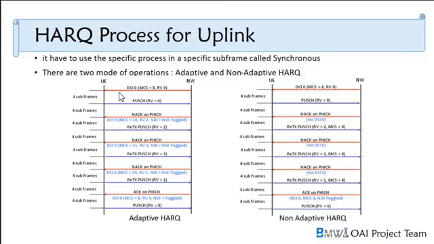So the UE will transmit at that part. It means that adaptive HARQ will use a different resource allocation, but the non-adaptive will use the same resource allocation. So in non-adaptive you will almost always, and sometimes, collide with others.